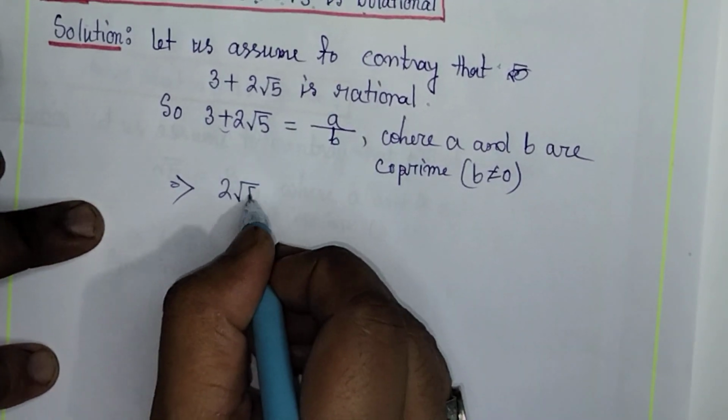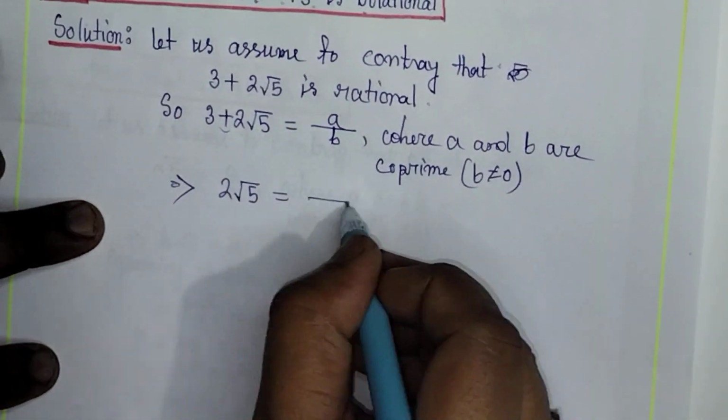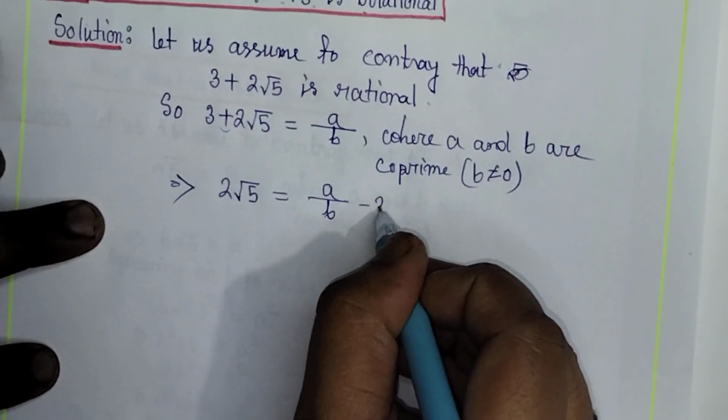2 root 5 equals, transposing 3 to the right hand side, A by B minus 3.